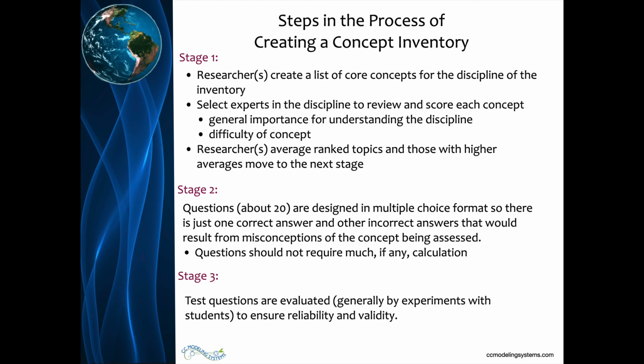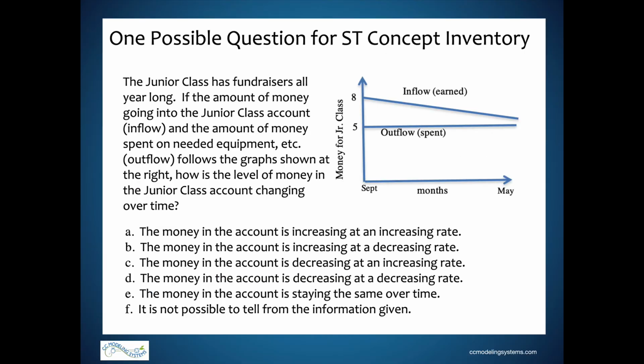Evaluate the questions on students or subjects to ensure reliability and validity. This is one possible concept inventory question for systems thinking. Given an inflow graph and an outflow graph, what is the behavior of the stock? And there are 6 potential choices here.